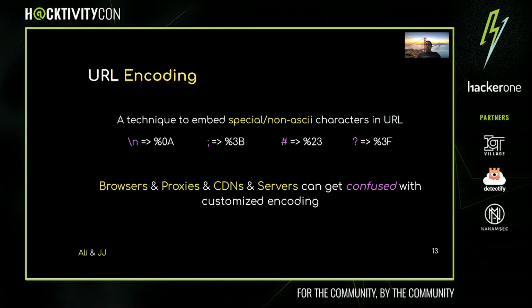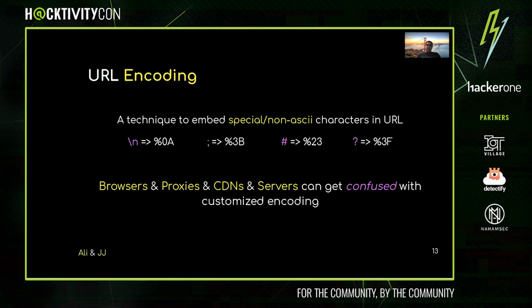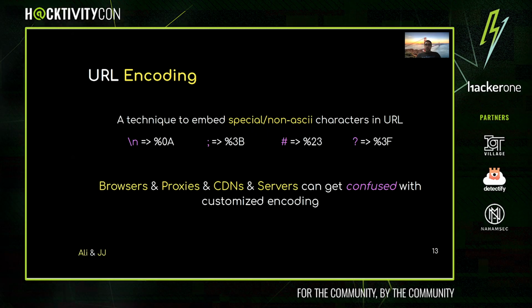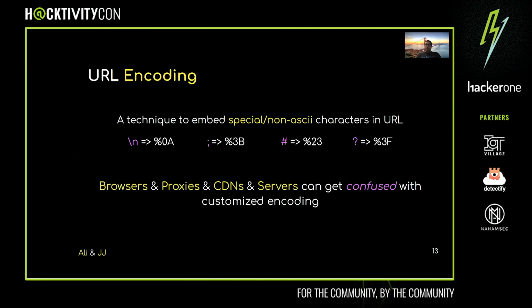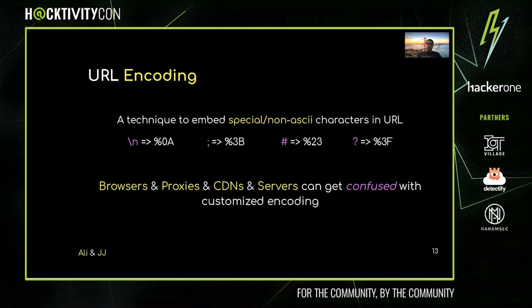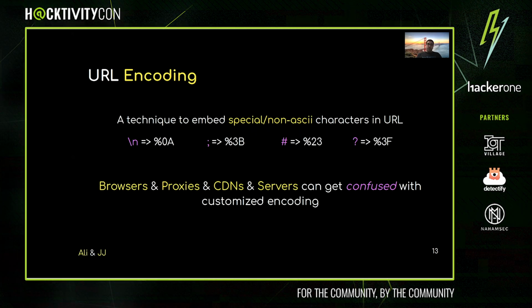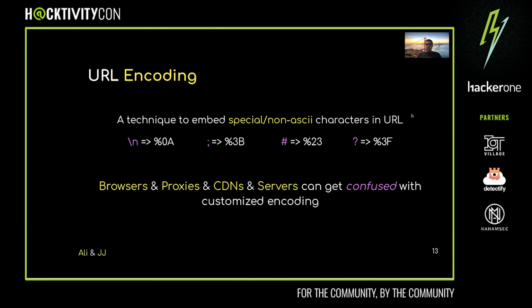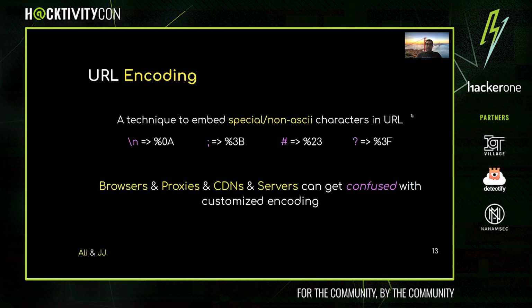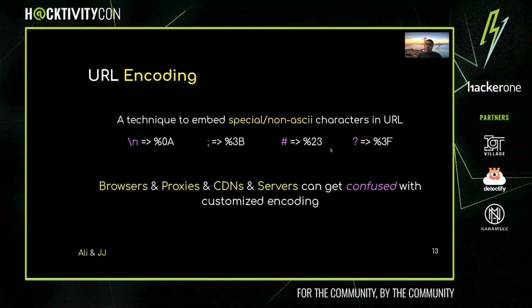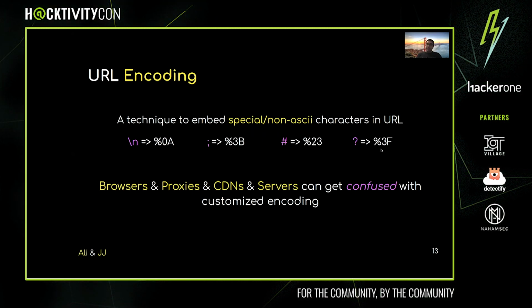There are a couple of special characters, such as semicolon and question mark, that have a special meaning in the URL. And in order to put them into the URL as data, you need to encode them. Usually the encoding happens using a percent sign followed by the hexadecimal representation of the ASCII code of that character.